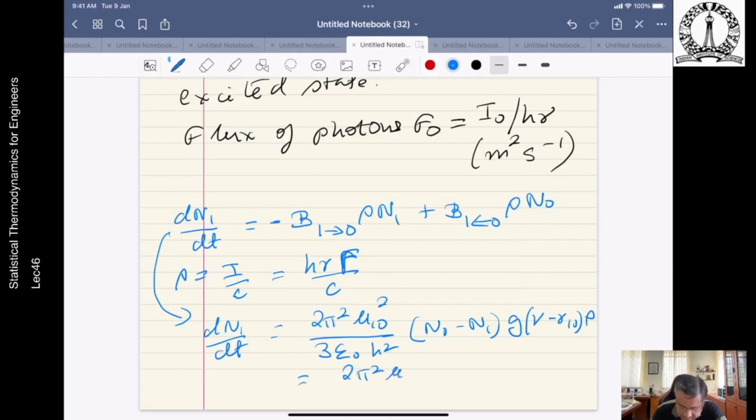So this is mu 1 naught square v by v naught epsilon naught hc n naught minus n1 g v10 into f.